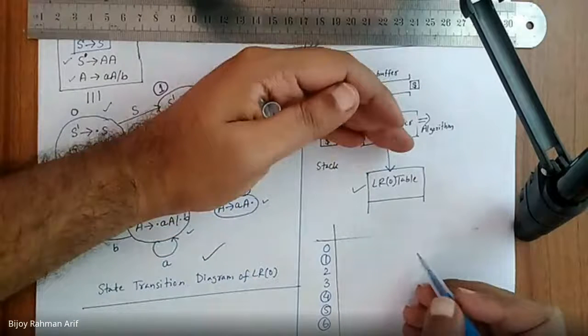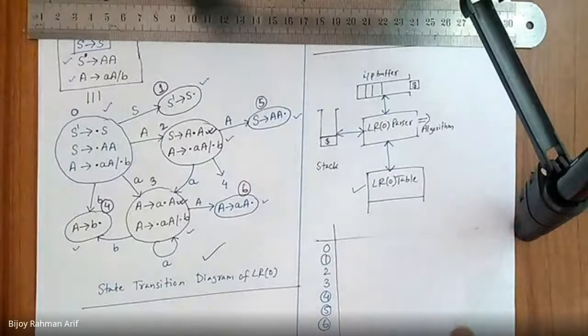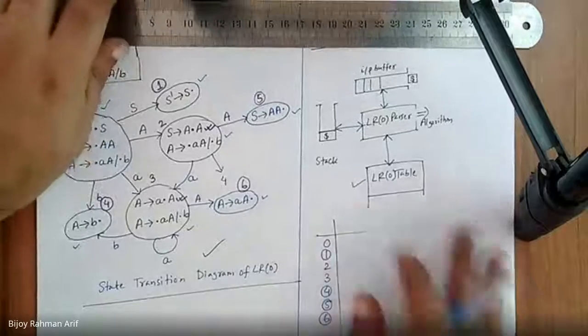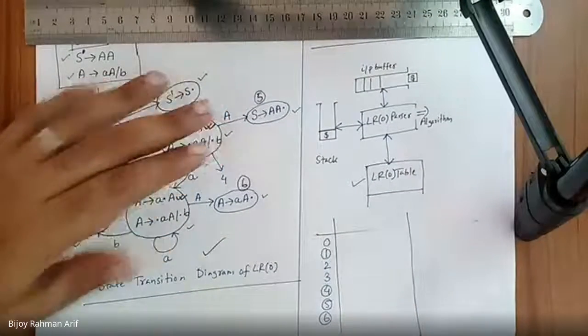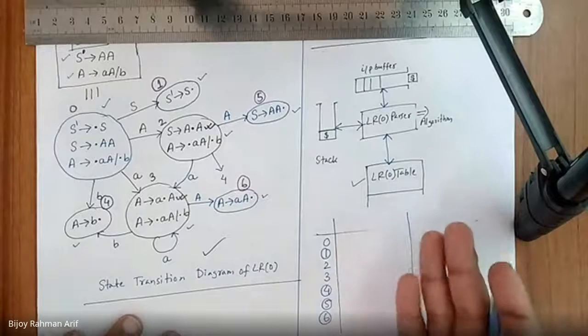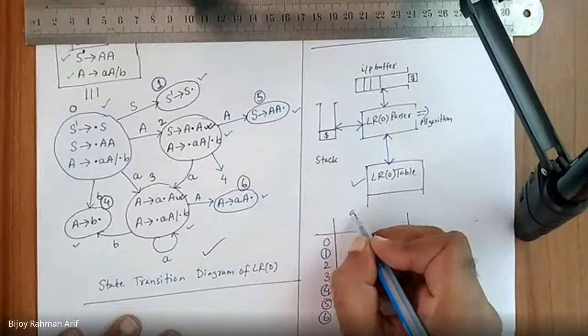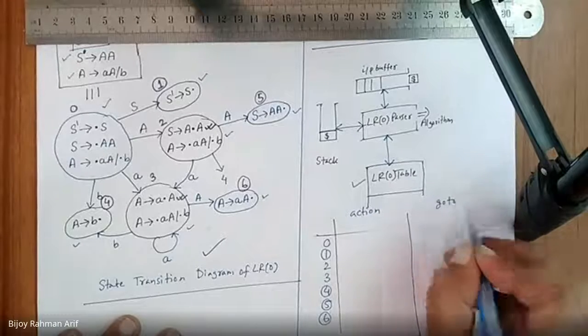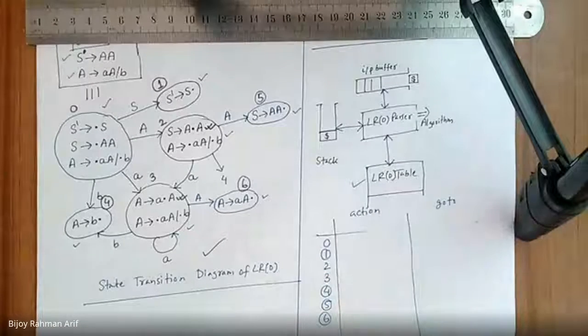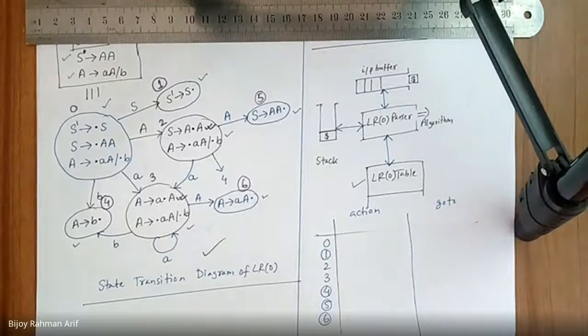Then we divide the whole table into 2 parts. The left part I'm going to call action, and the right part I'm going to call GOTO. In the action part, I'm going to catch the moves on terminals. And in the GOTO, I'm going to catch the moves on non-terminals.